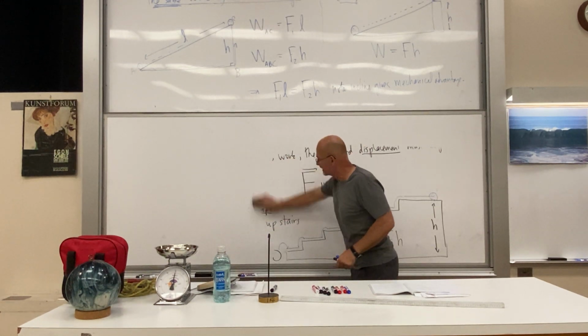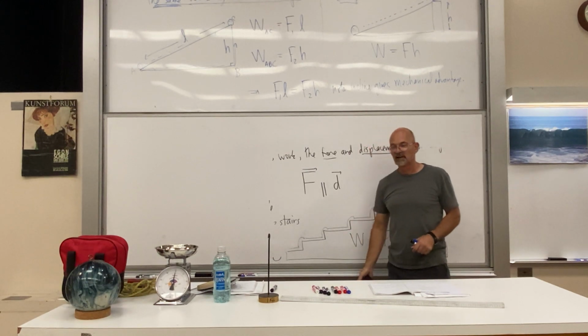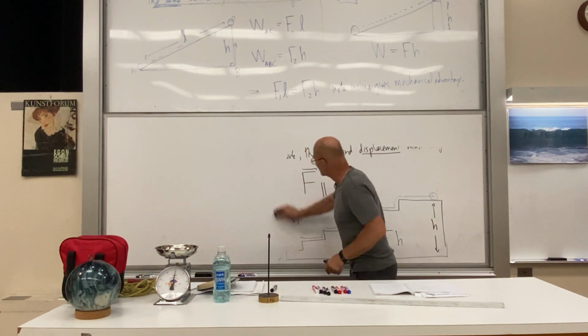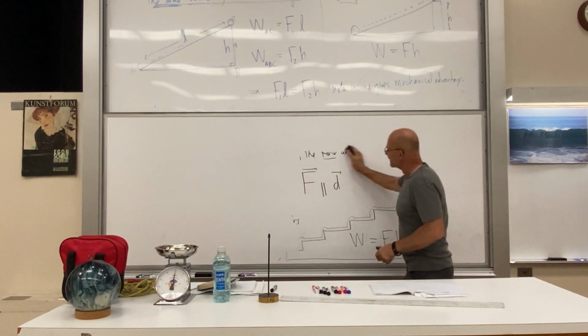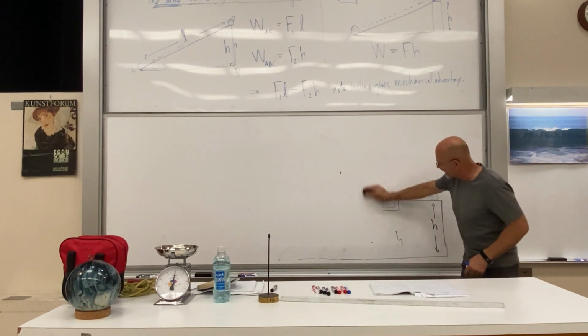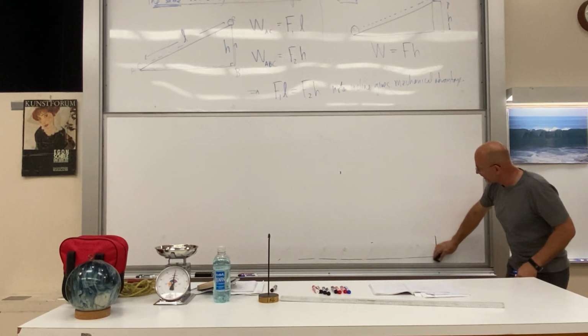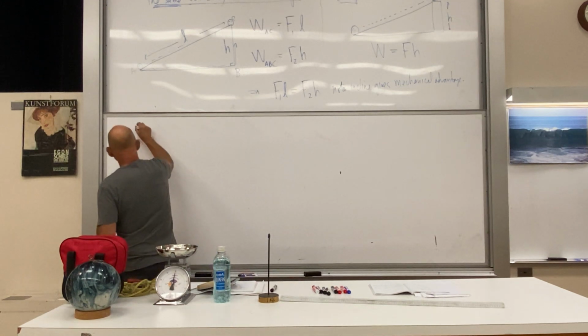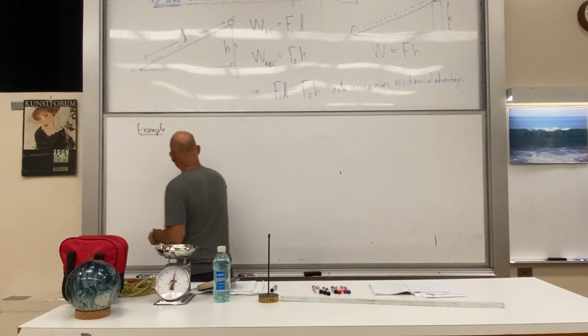Lifting something, including yourself. I weigh 900 newtons. That's an example, so I'll make that the final example of the work, and then I'll bring a couple more definitions. So, one more example. This one will come into play a lot.